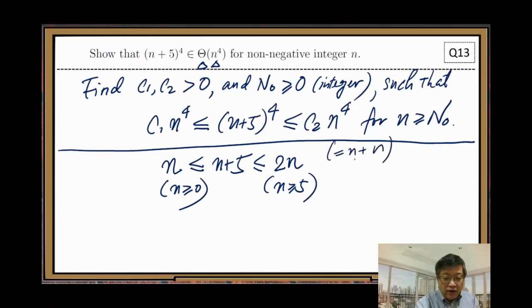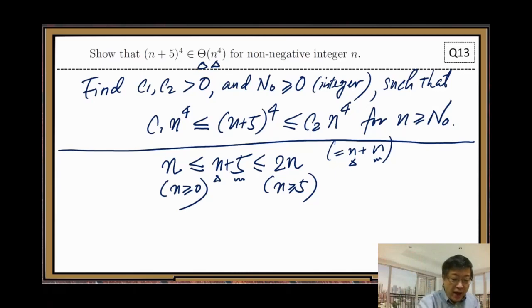The first n equals n, and the second n is greater or equal to 5. So you put them together, and you get this simple version of lower bound and upper bound.